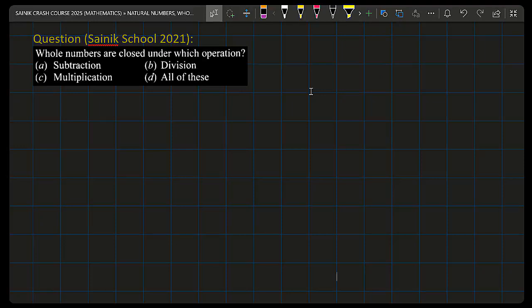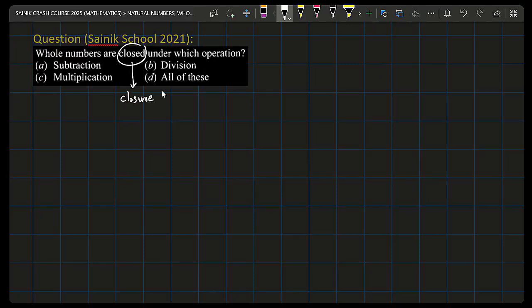1 minus 0 equals 1. But 0 minus 1 equals minus 1, not a whole number. You're checking the commutative property. They're asking the closure property. The word closed indicates closure property.